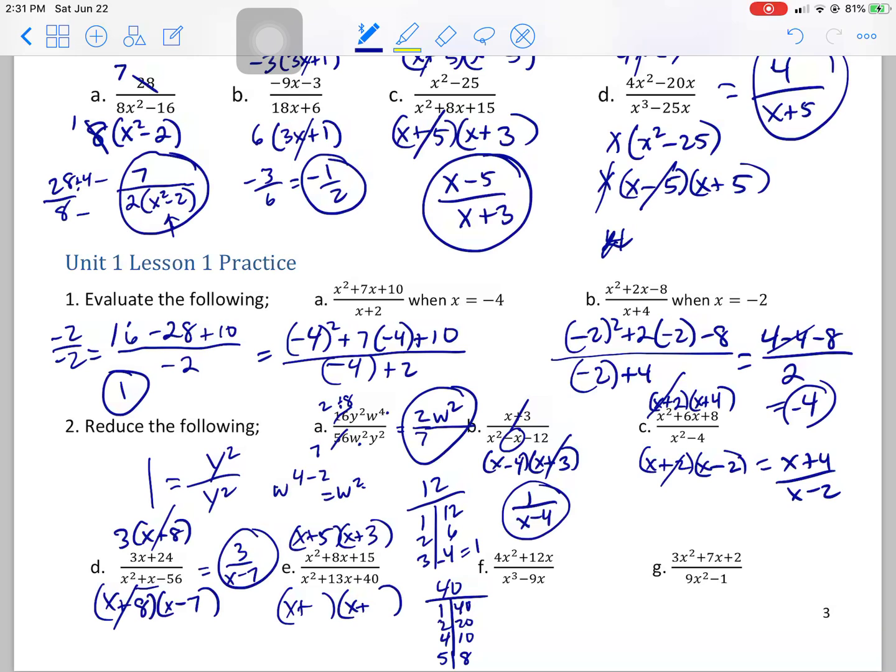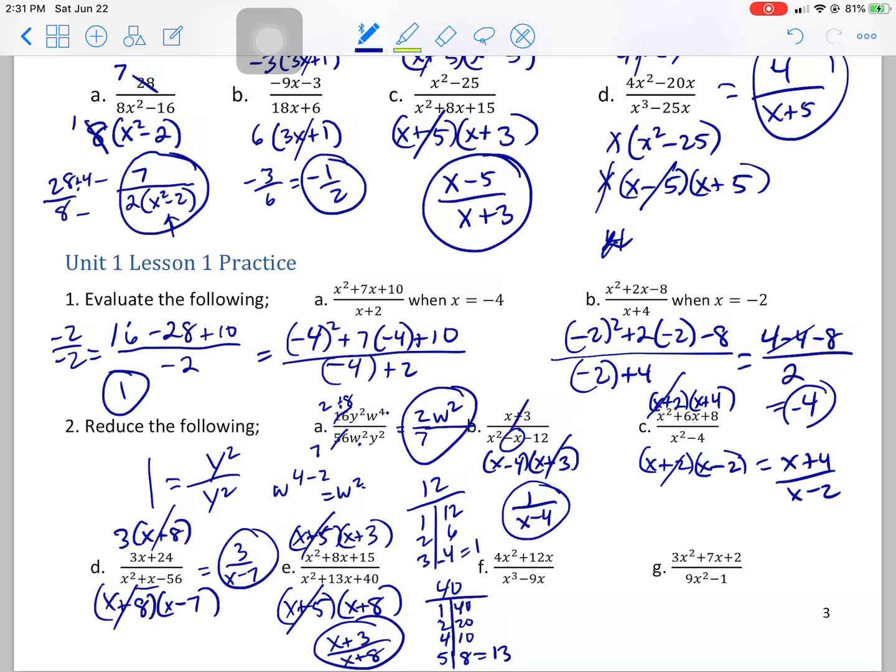What was I doing? I'm looking for 13. Oop, there's 13 right there. 5 and 8. There we go. Oh, and I probably knew it was 5. Take a hint from what was above. So my final answer is 3 over x plus 8.